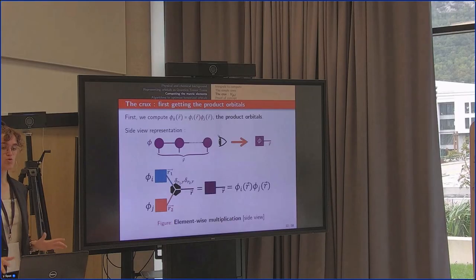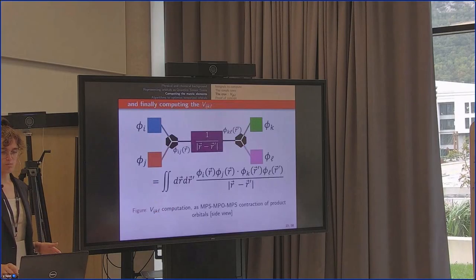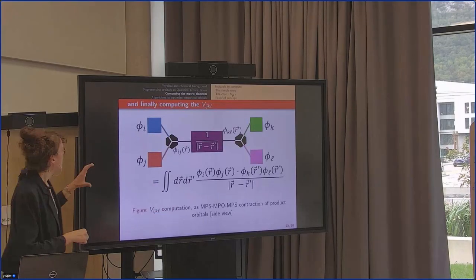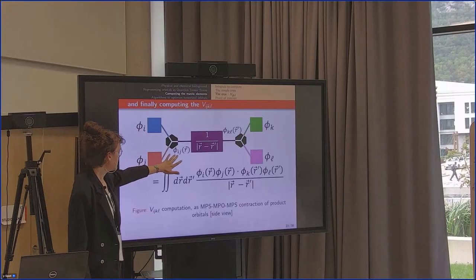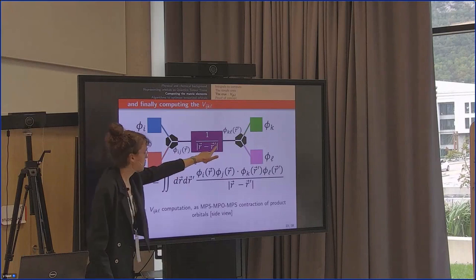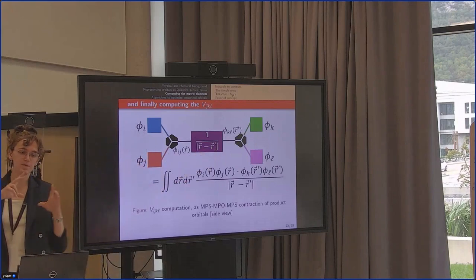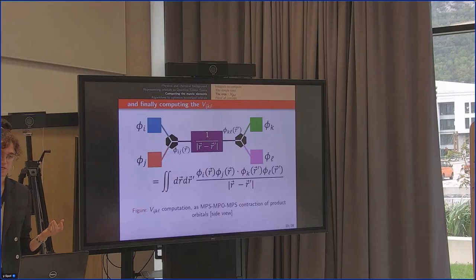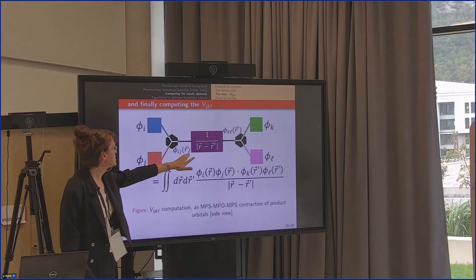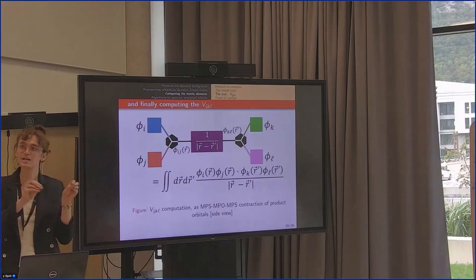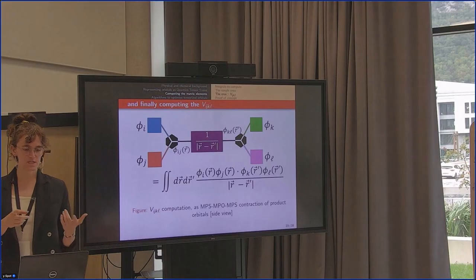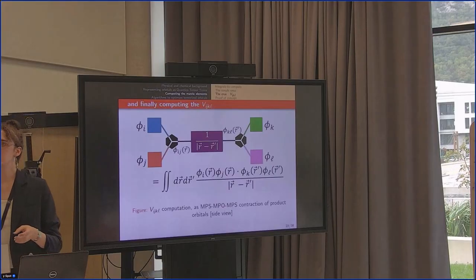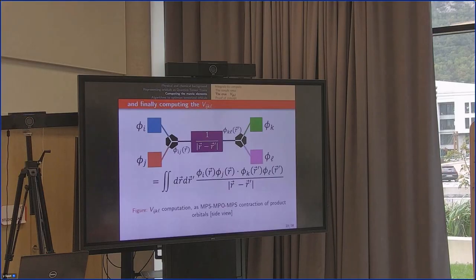So once we compute the product orbitals, phi ij, we compute the final term, which is simply this mess. But if we look closely, we have phi ij, one product orbital, phi kl on the other side, and we just do MPS-MPS contraction with this MPO, which interpolates the 1 over r minus r prime electron-electron interaction term. So this means that we can write this Vijkl term simply as an MPS-MPO-MPS contraction that can be computed with very standard methods.